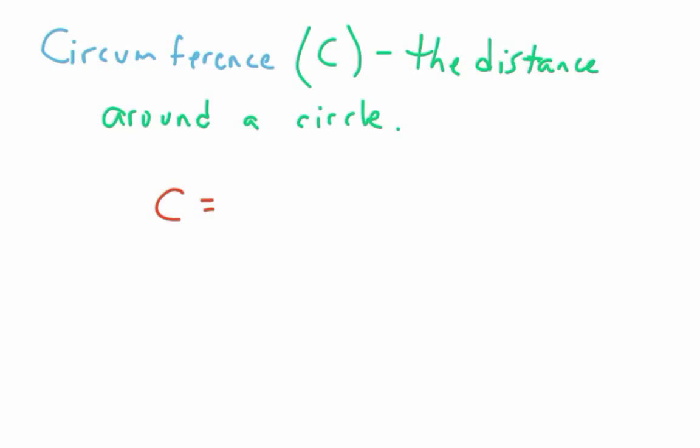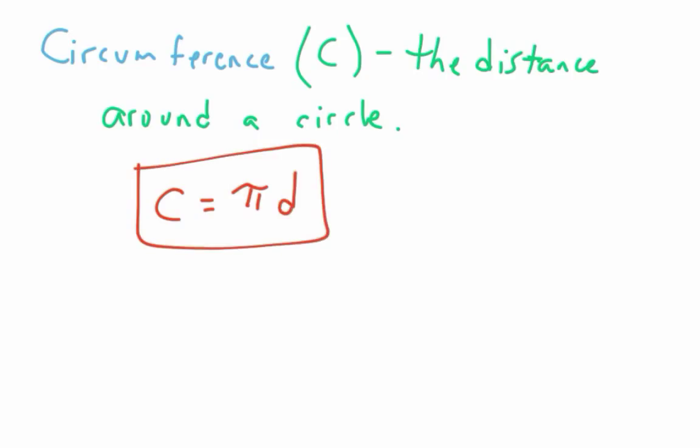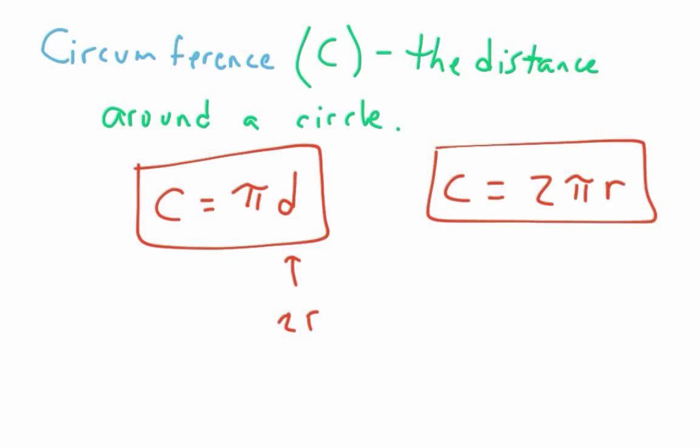Pi times D, actually. And D, we said, was double the radius. So I really could take that D, and that's the same as 2 times R. So another way to write the same equation is, usually they'll put the numbers in front, 2 pi R. And 2R just replaces the D in that.